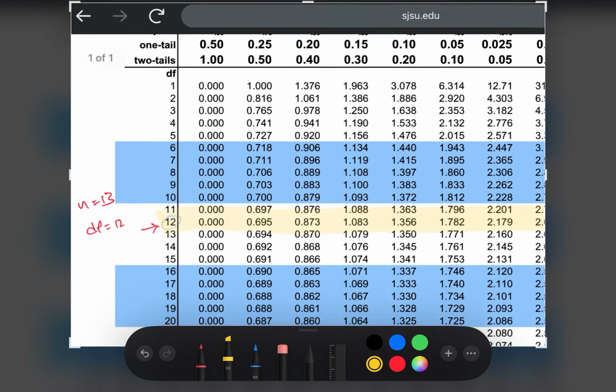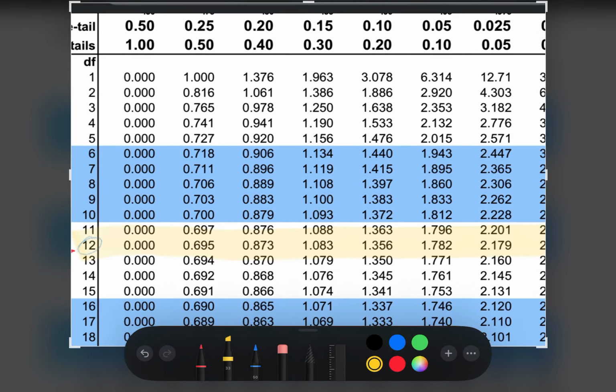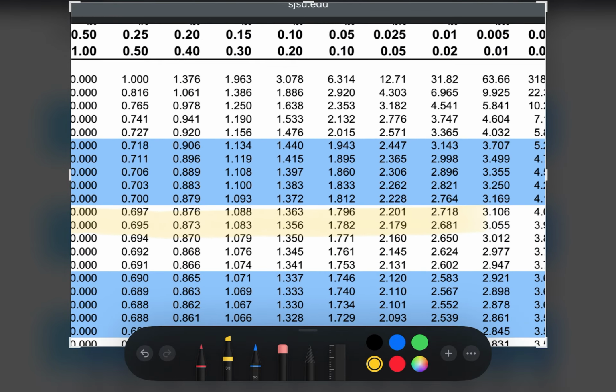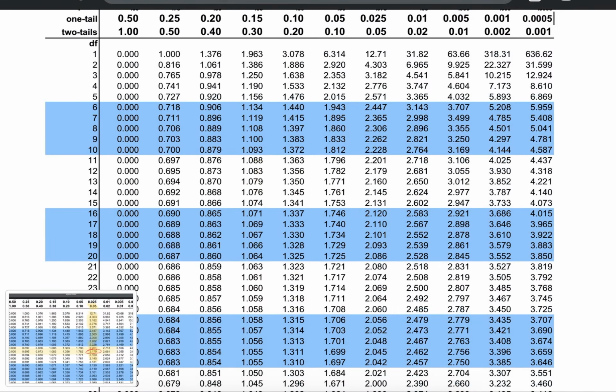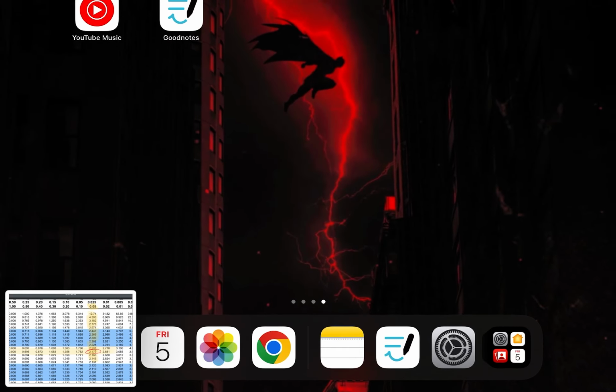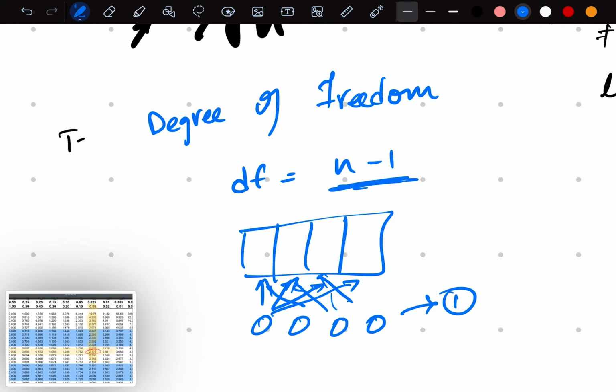And as I was saying, your confidence interval might be 95%, which says the p-value is 0.05. So your t-value is 2.179. That's what it says. That's how you do the thing.